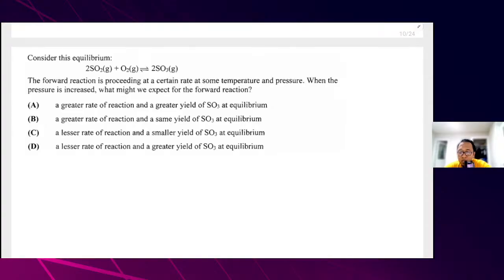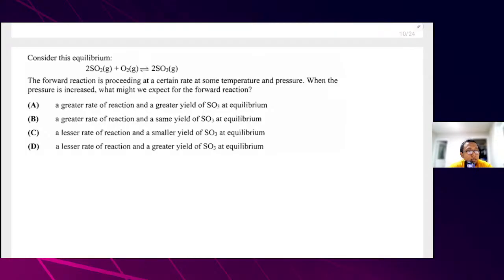Remember, if we increase the pressure, we will have many more collisions, a greater reaction rate, and greater yield.